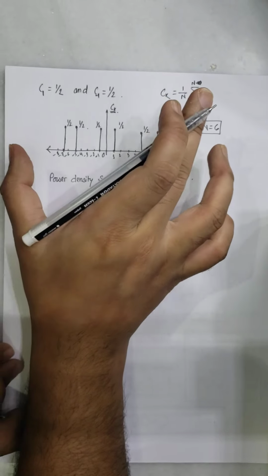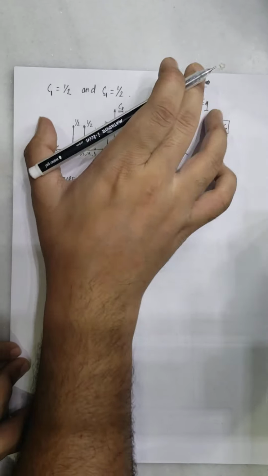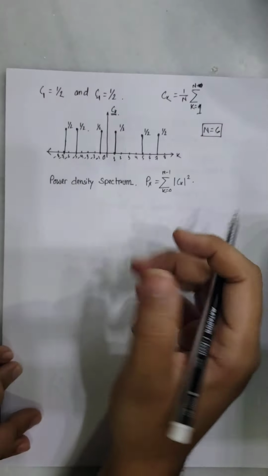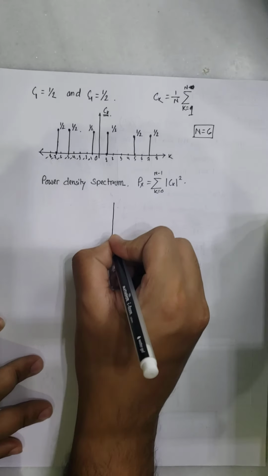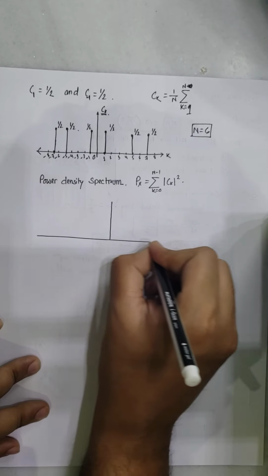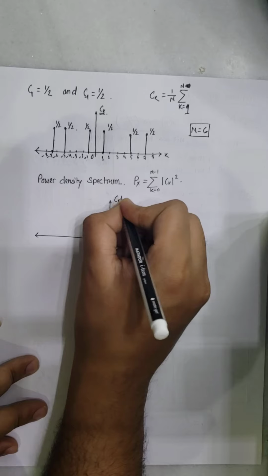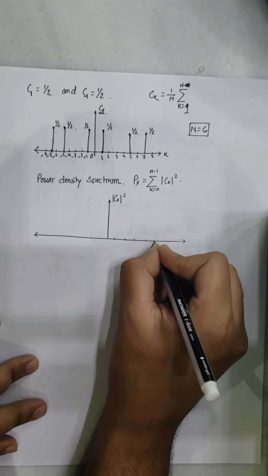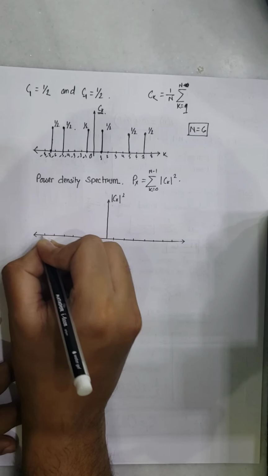So basically what we are saying is that if we can draw a squared version of this graph, this will give us the power density spectrum of the given function. So let us plot C of k squared.